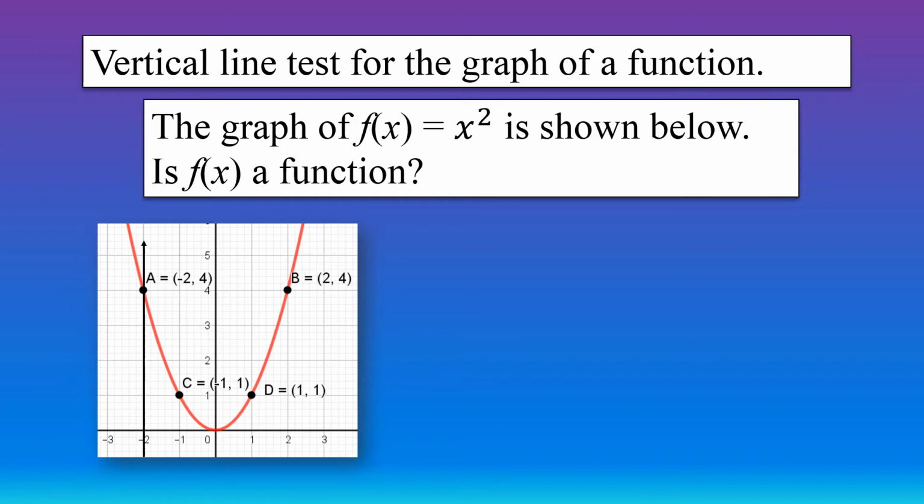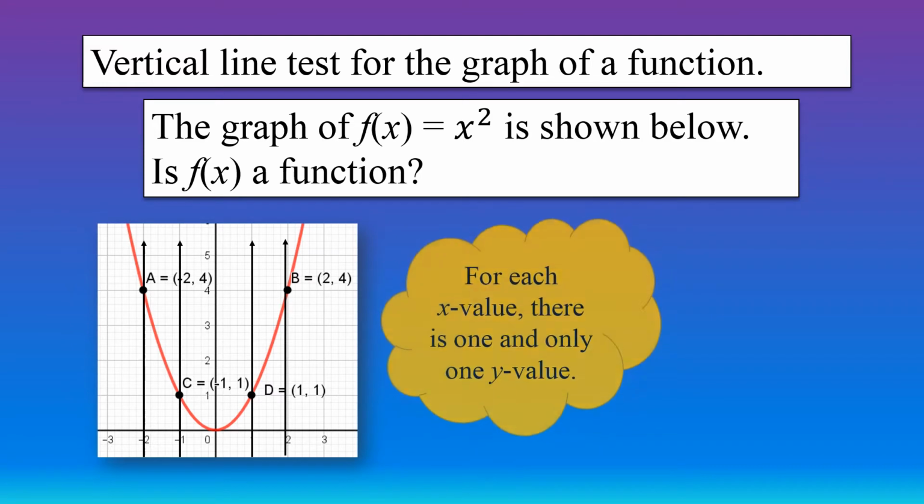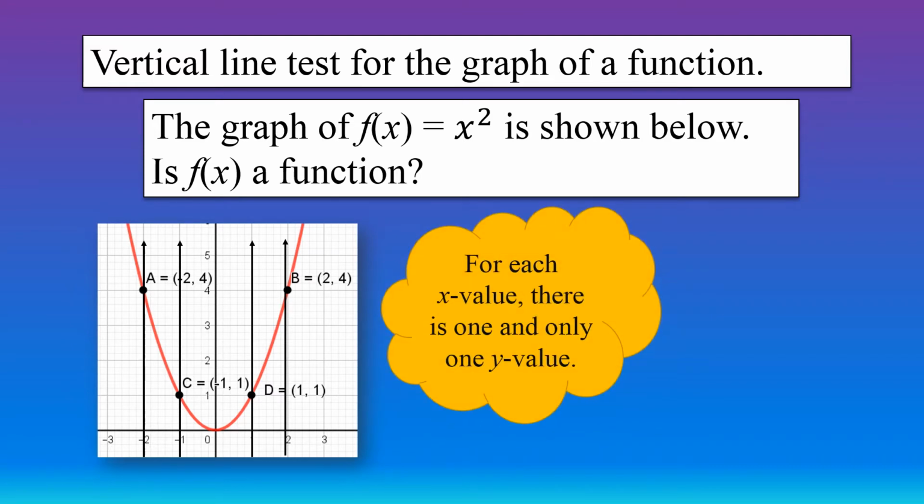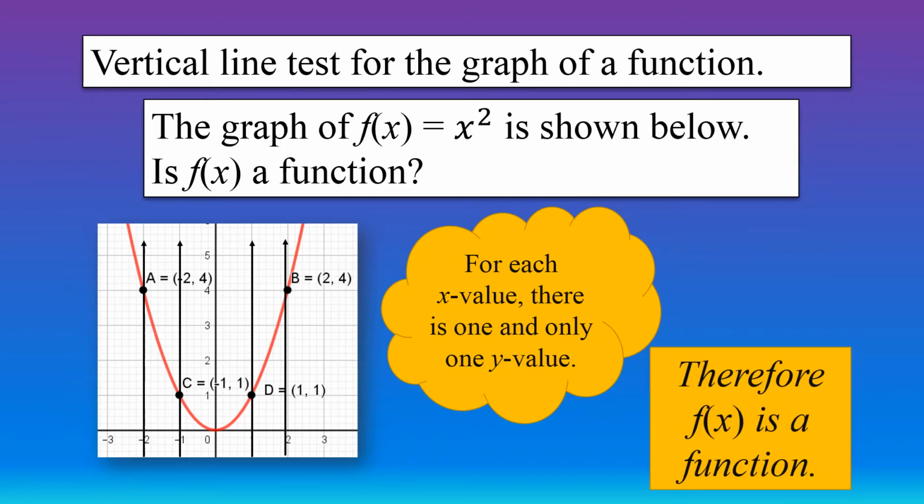It is passing through A. This one is passing through C. Another one is passing through D. Another one is passing through all these points. We notice that for each x value, there is only one y value. One and only one y value. So we conclude f(x) is a function.